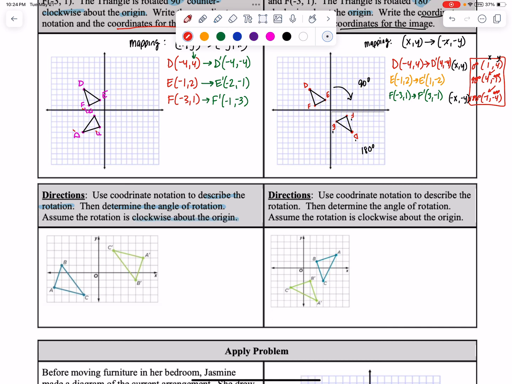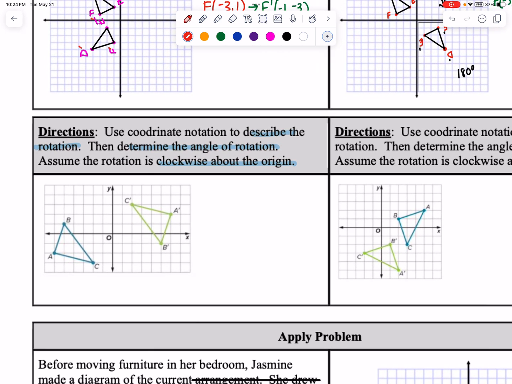Let's find the pre-image. Pre-image doesn't have the tick marks, it doesn't say prime. So right here is our pre-image, and this is our new image.